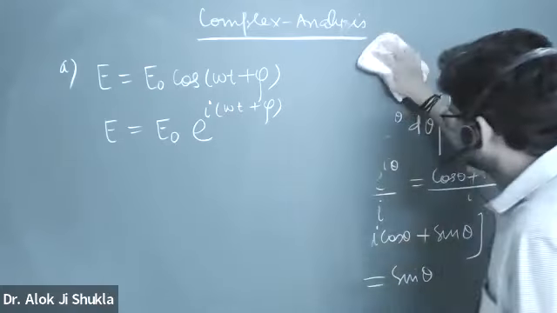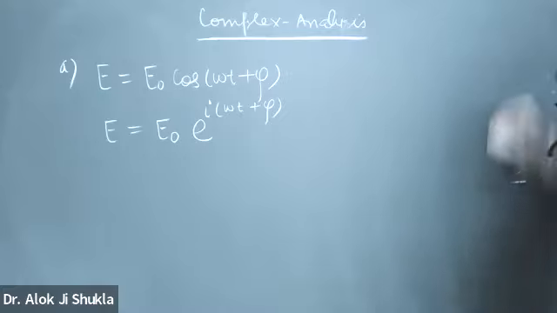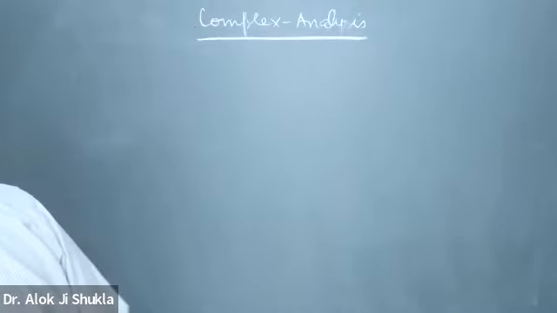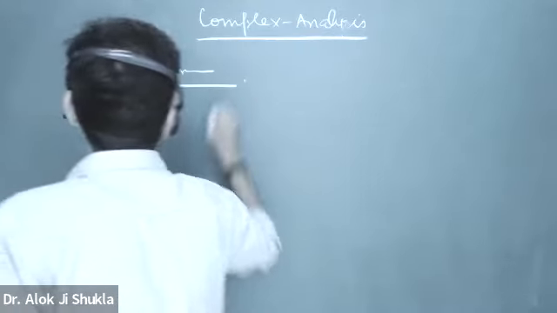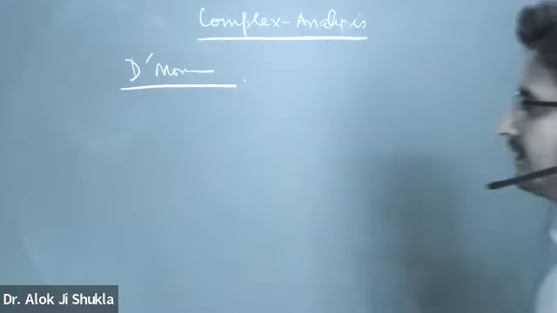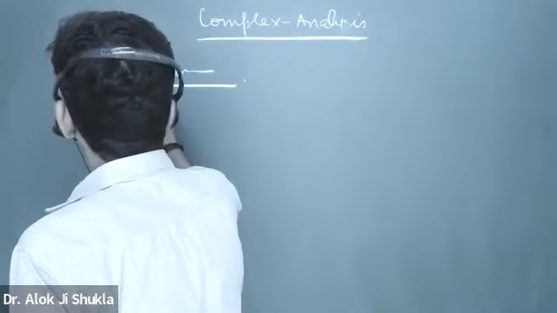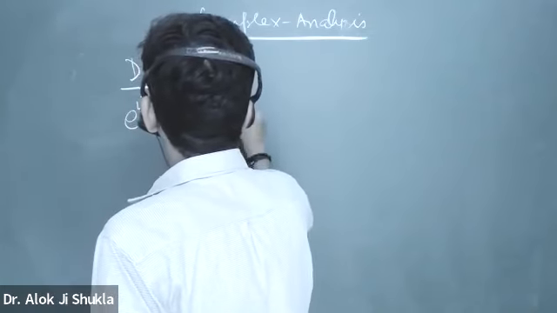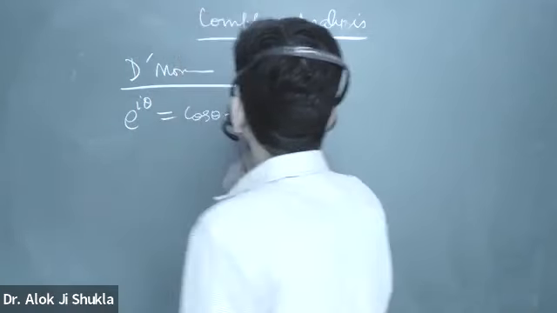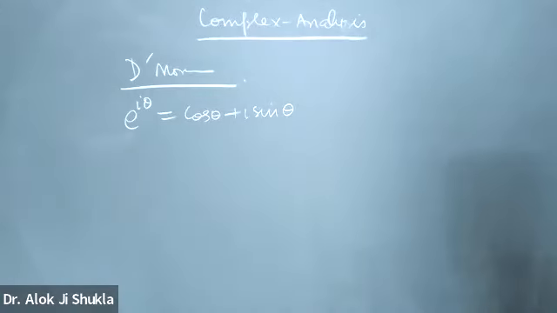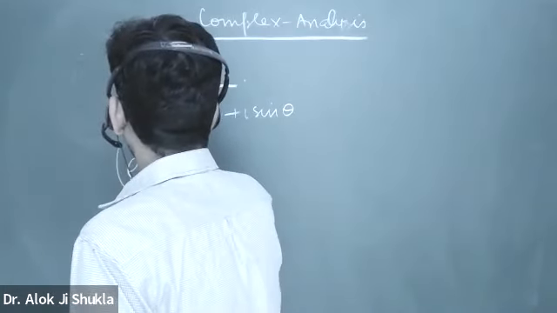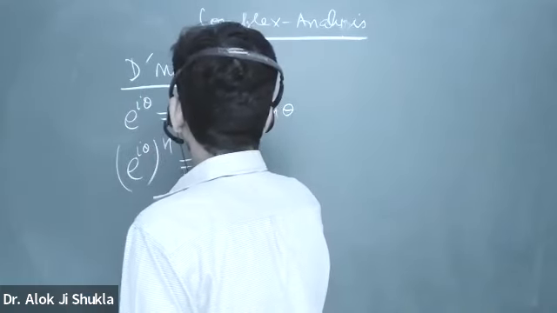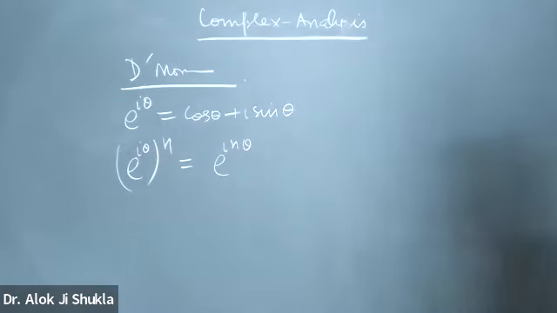Also, थोड़ा सा मेहनत करी डी मॉर्वियस ने, and he gave a formula that if e to the power i theta is cos theta plus iota sin theta, then you can write e to the power i theta to the power n is equal to e to the power i n theta by simple.